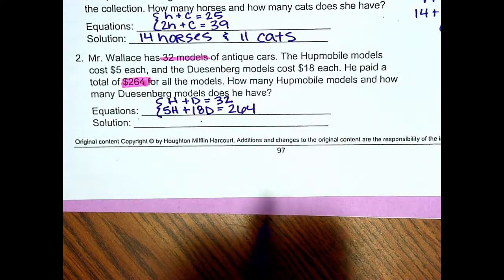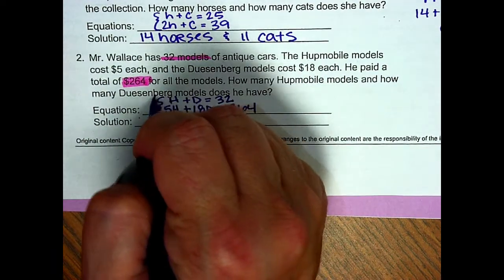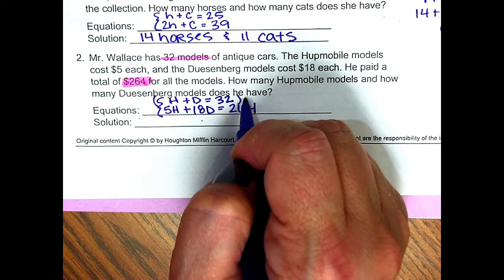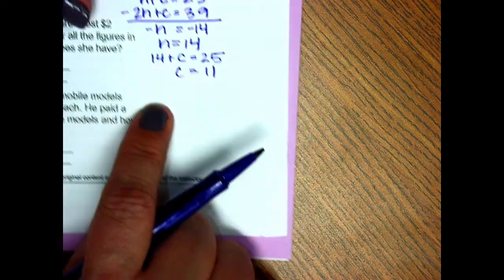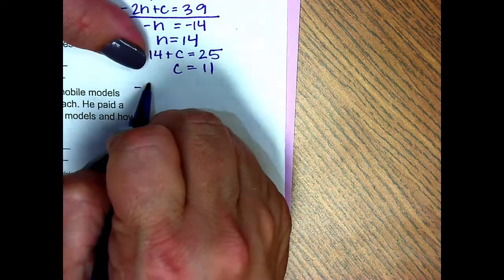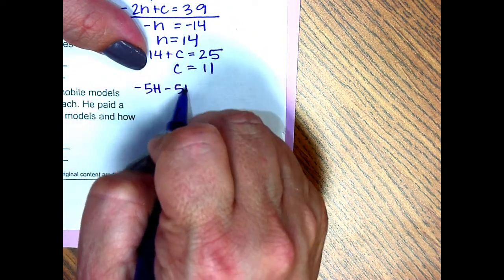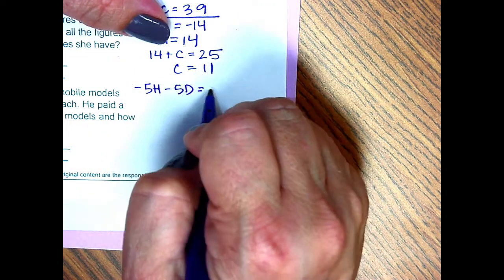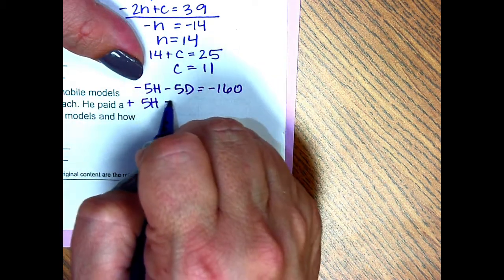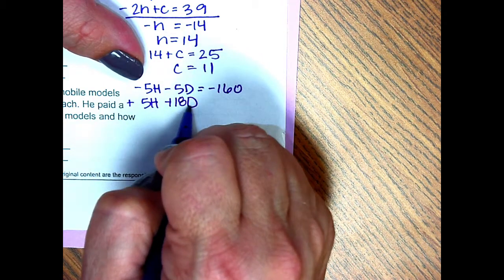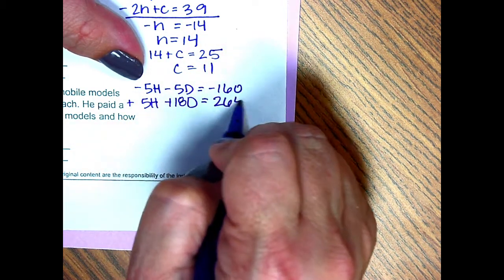Okay, to get something to cancel, I'm going to multiply this top equation by negative 5. I'm going to go over here to the side and show you. So we have negative 5H minus 5D equals negative 160, and then plus 5H plus 18D equals 264.